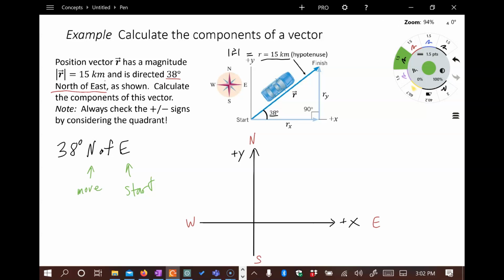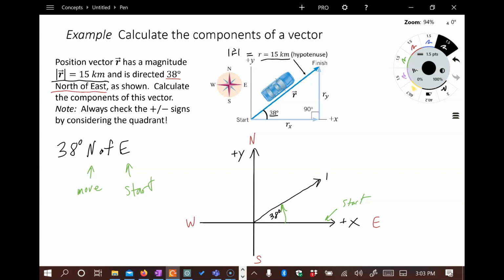So I'm going to start here, and I'm going to move 38 degrees in the direction towards north. So we've got here our 38 degrees. And now I need to draw the magnitude, the length. We know that this is 15 kilometers here. So I'm going to draw this thing here, 15 kilometers.